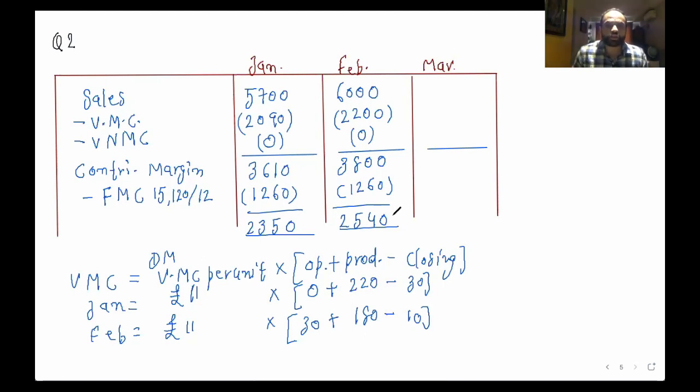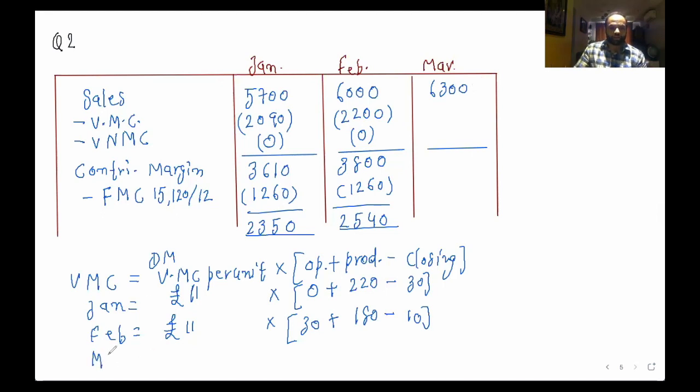Now let's move on to March, right? So how much is the sales for March? Sales for March, 6,300. And how much is the variable manufacturing cost? So let's have a look here.